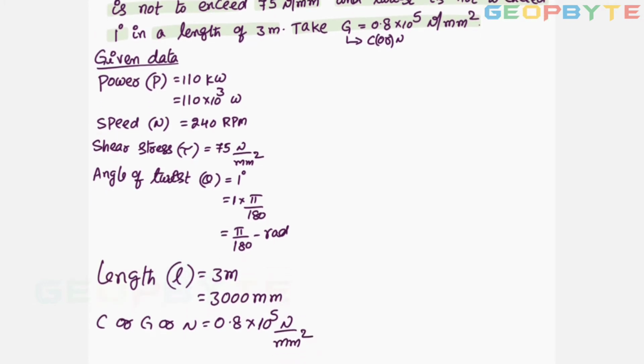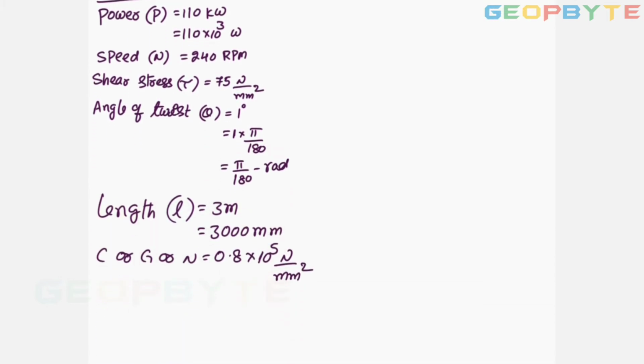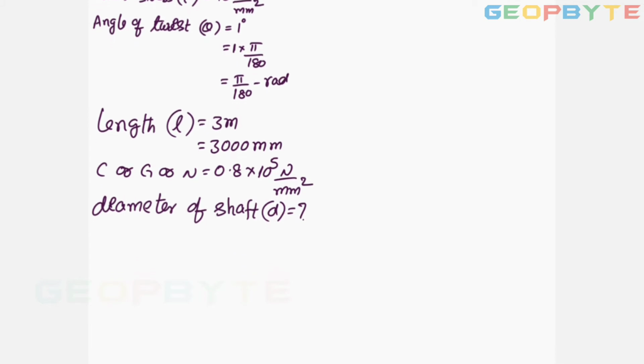You are asked to find the suitable diameter of the shaft, diameter D, how much. Here you need to decide the shaft diameter based on two conditions.